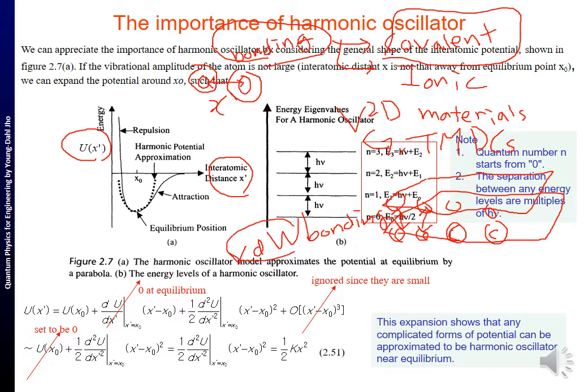It is based on van der Waals force. Their potential shapes are all different. So there could be certain arbitrary potential shapes to describe different kinds of bondings. So it might be very complicated.